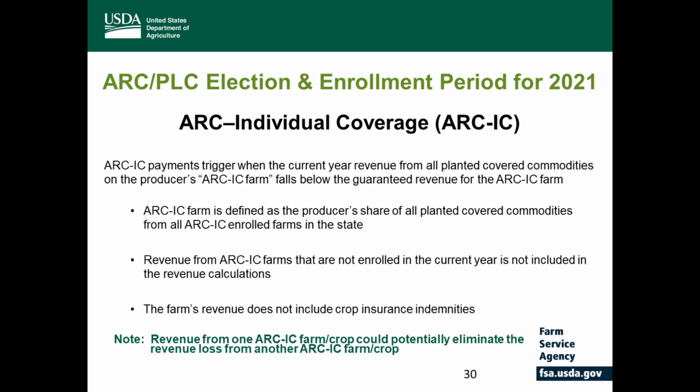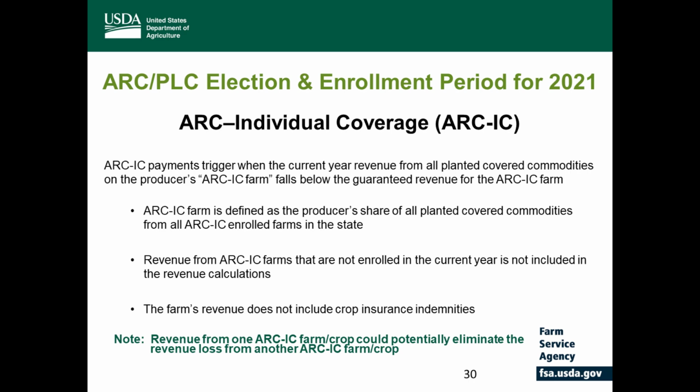The bottom note there is just kind of a statement that could or could not be true. Revenue from one ARC-IC crop could potentially eliminate revenue loss from another ARC-IC farm or crop. So what that's saying is, let's say you have 2 farms in ARC-IC. You have corn planted on both farms.